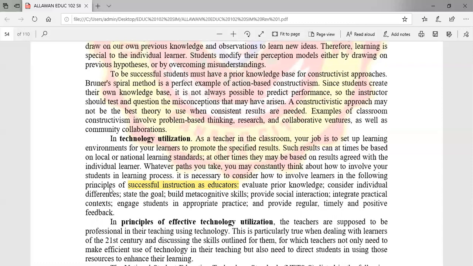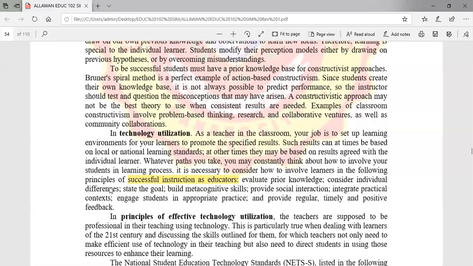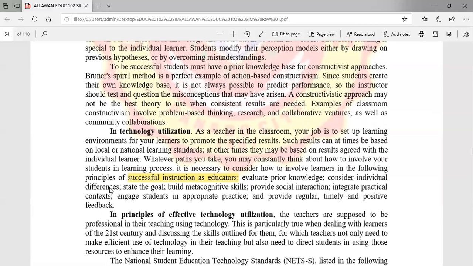So the principles of this effective technology utilization. The teachers are supposed to be professional in their teaching using this technology. This is particularly true when dealing with the learners of the 21st century and discussing the skills outlined for them, for which the teachers not only need to make efficient use of technology in their teaching, but also need to direct students in using those resources to enhance their learning. Meaning to say, technology is very important for us teachers to keep updated and adjust.